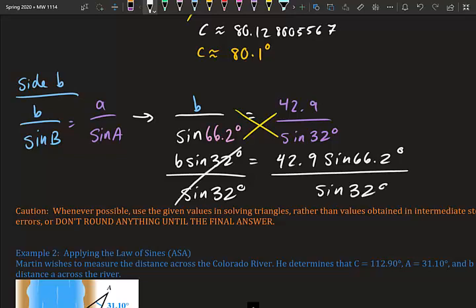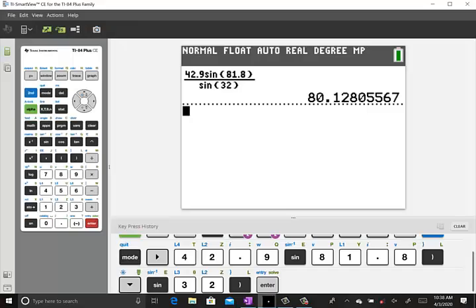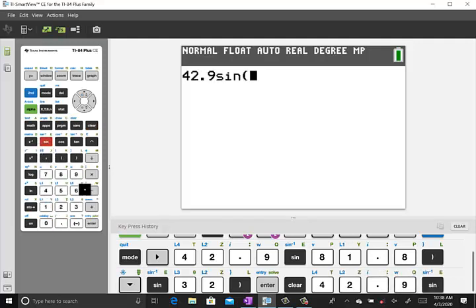I'll show you once more how to plug this into your calculator. I'm going to show you the older calculator way. So we get B is approximately, let's go ahead and plug it in. If you have a new calculator, just alpha y equals enter, but if you have an older calculator, it might be harder to plug in, so we're going to do it piece by piece. We have 42.9 sine 66.2.